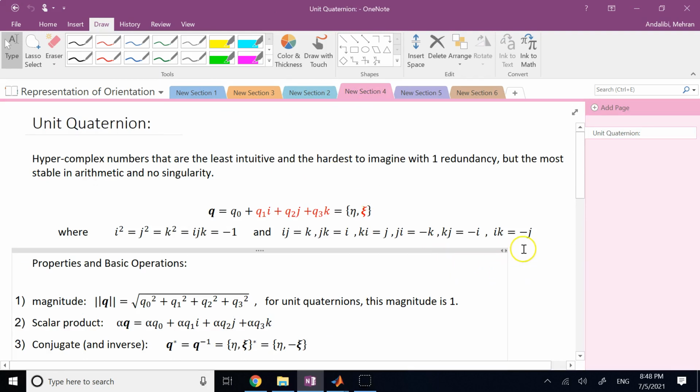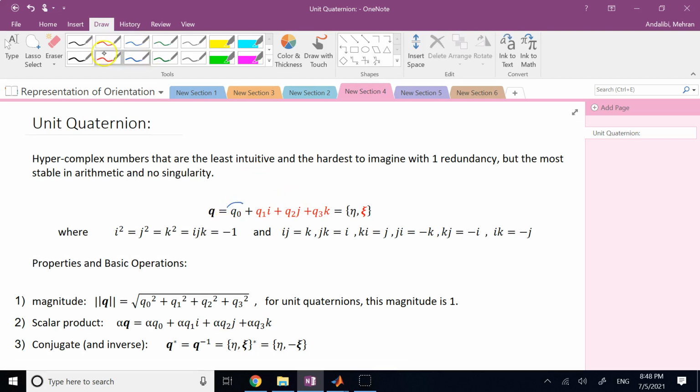And by hyper-complex, I mean instead of having one real part and one imaginary part, they have one real part, but they have three imaginary parts. Okay, so they have three axes of imaginary parts and one axis of real.